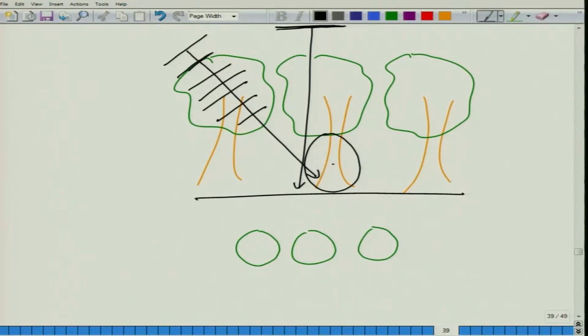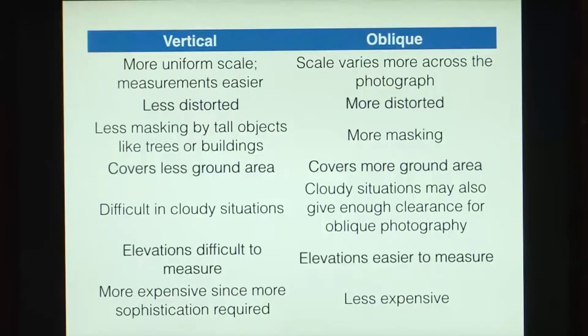So, the trunk here will not be seen, so that is known as masking. Now, coming back to the slide, a vertical photograph covers less ground area as compared to an oblique photograph.